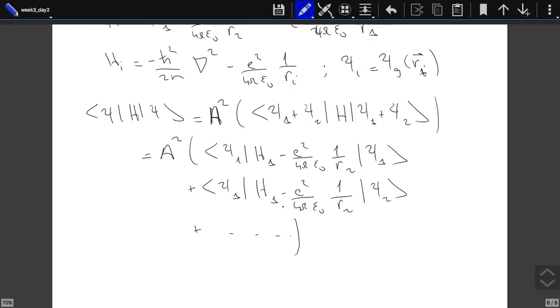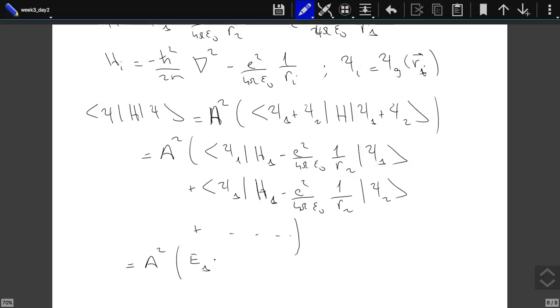Well, you see, in the second line, this term doesn't contribute. Because H1 acting on psi 1 on the left gives an eigenvalue times psi 1, but psi 1 and psi 2, it does contribute, sorry. Psi 1 and psi 2 are not orthogonal to each other. So that's why it contributes. This is equal to A squared. Now, from the first term, we have E1.